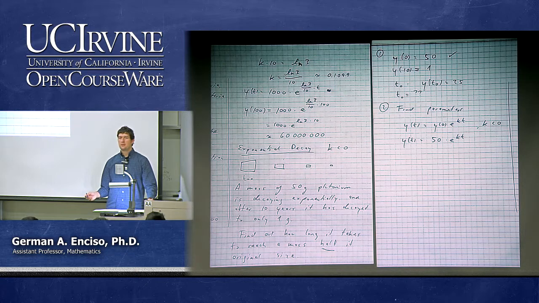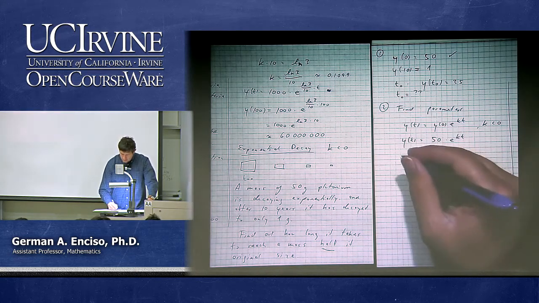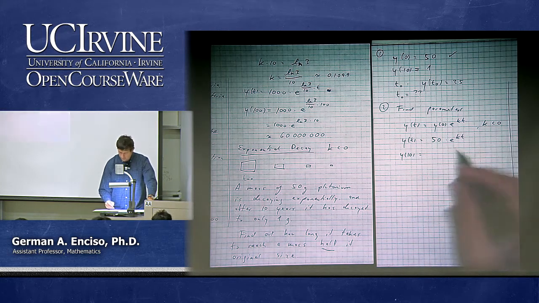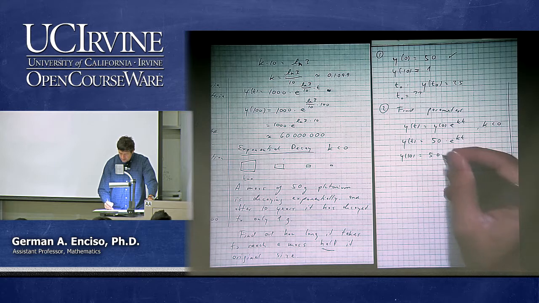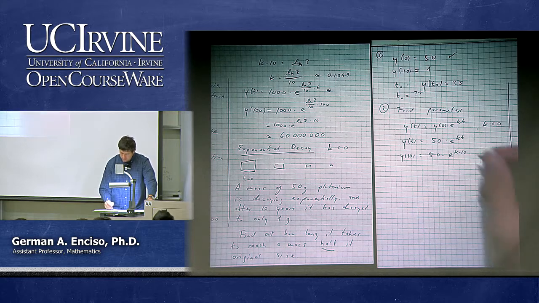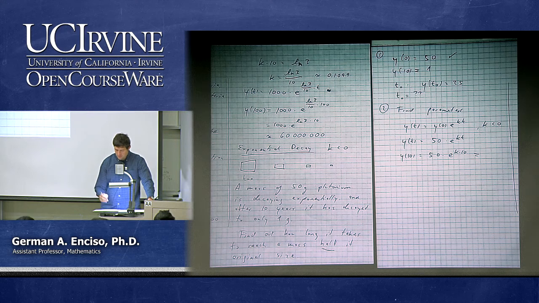We haven't used it. Let's use it. So y of 10 is equal to 50 times e to the k times 10. And that, we know, is equal to what? 1.